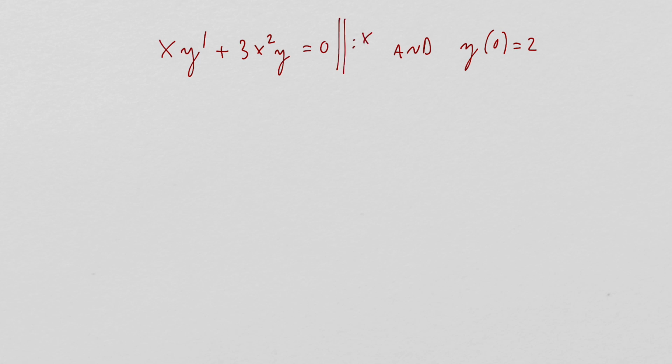Let's solve the differential equation x times derivative of y plus 3x squared y is equal to 0. And we are also given an initial condition that y at 0 is 2. Well, let's divide by x.